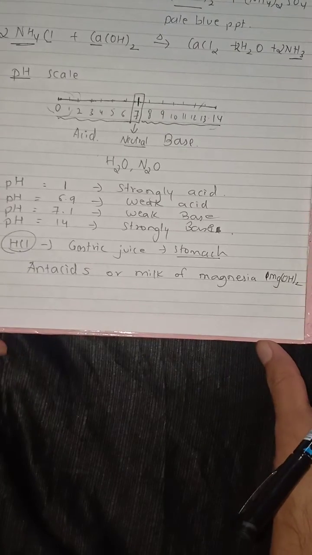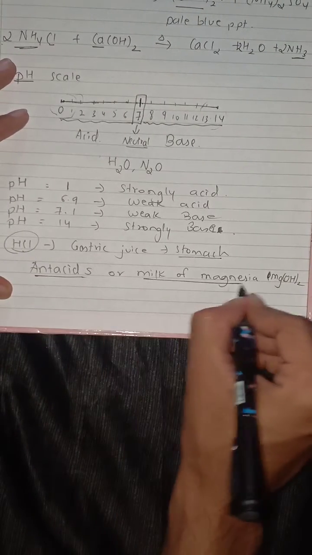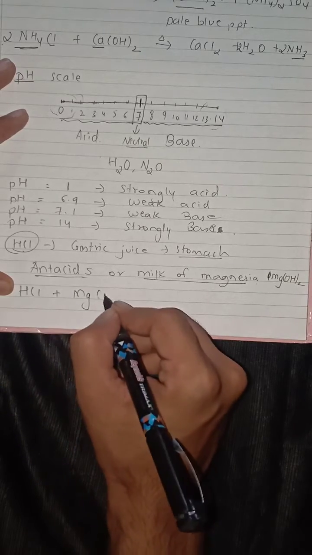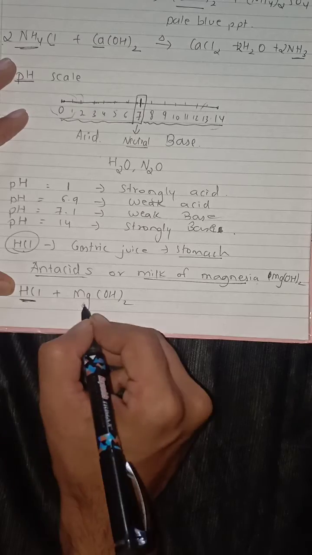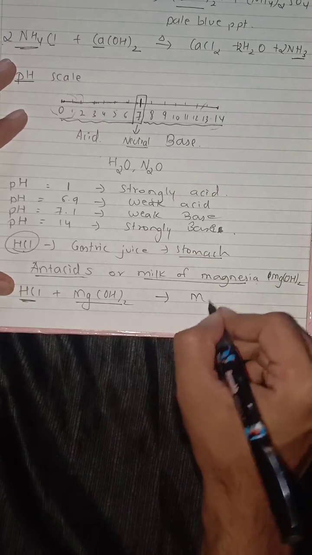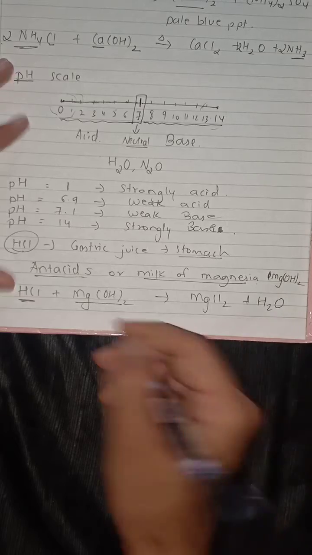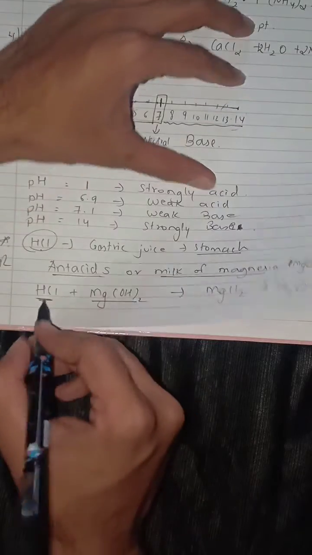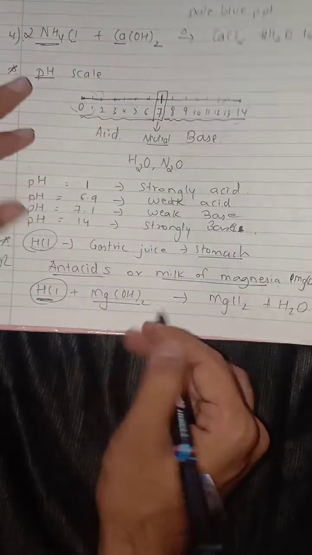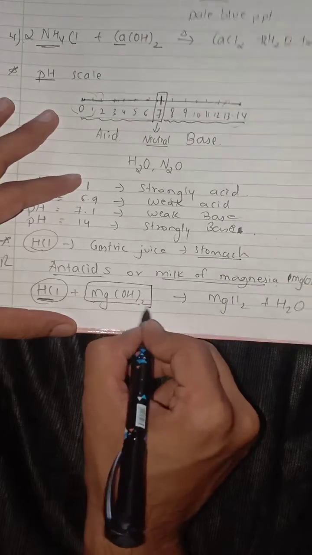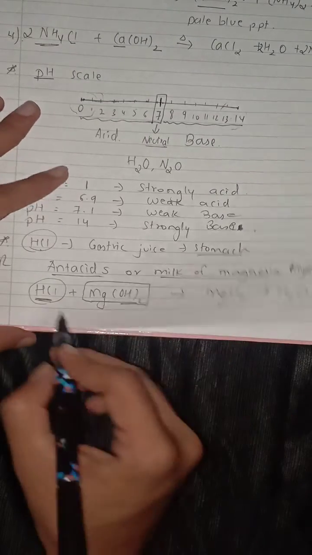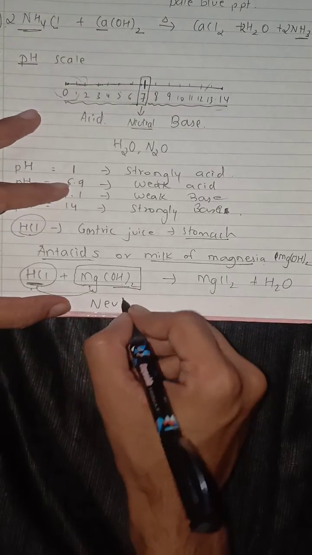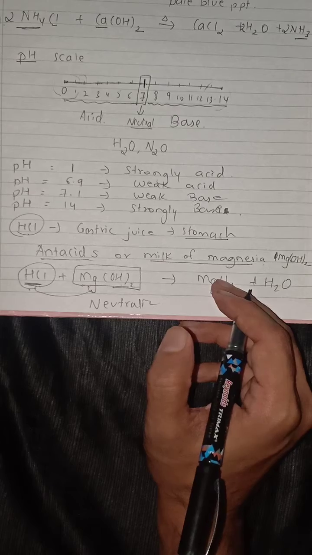Magnesium hydroxide. HCl reacts with a base. Just read it like this: acid reacts with a base. So what is it going to form? Salt plus water. I'm not balancing the reaction, I'm just explaining the give reason question. So acid, HCl present inside your stomach, and you took a medicine called milk of magnesia or magnesium hydroxide. When acid and base react together, they give you salt and water. This reaction is nothing but neutralization.